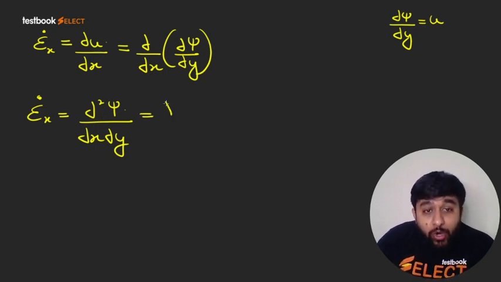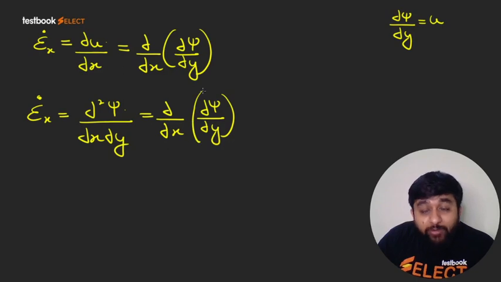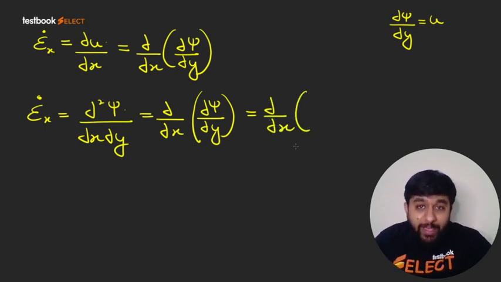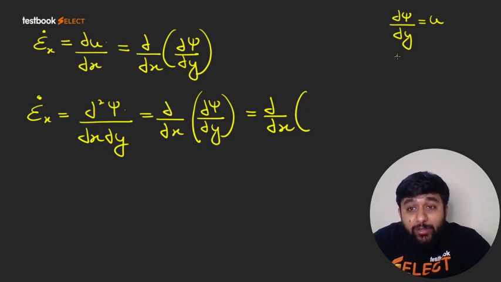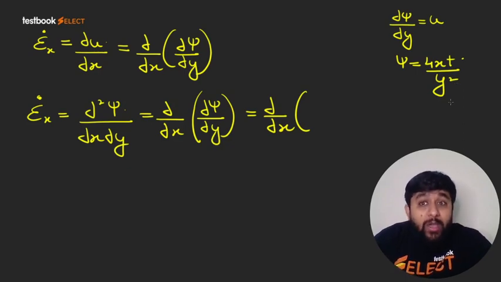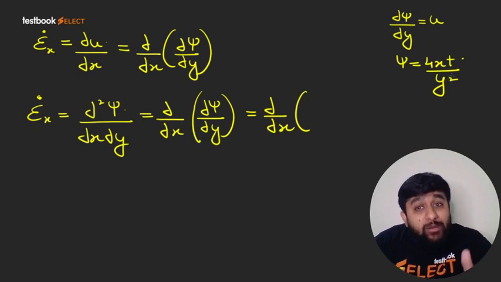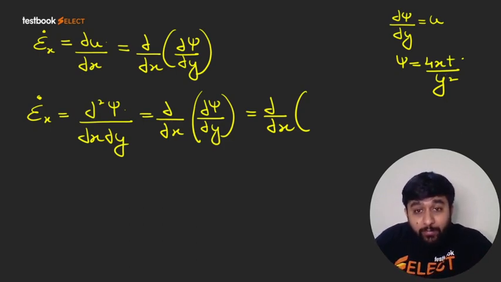So what we have to do? We have to first partially differentiate psi with respect to y, and then with respect to x. Psi is given to us as 4xt by y square. This is an unsteady flow, so definitely the stream function or other properties are going to be a function of time.